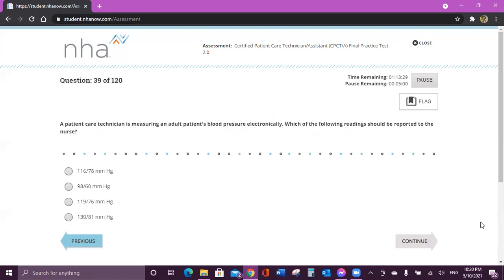A patient care technician is measuring an adult patient's blood pressure electronically. Which of the following readings should be reported to the nurse?